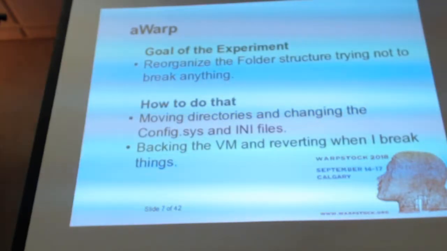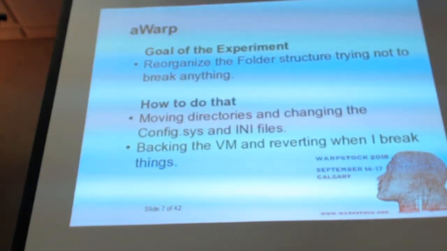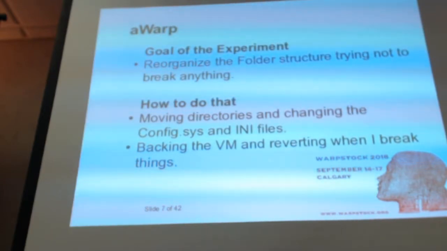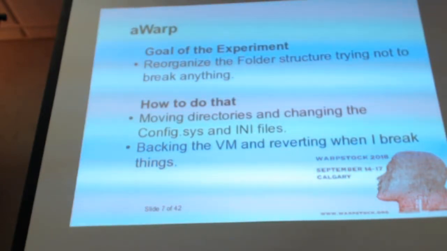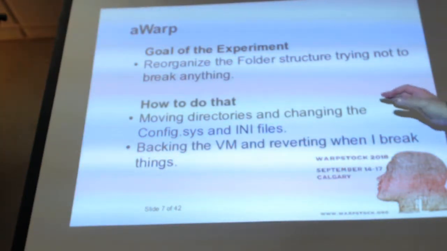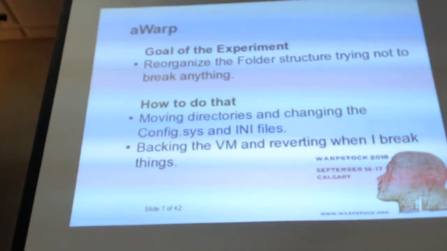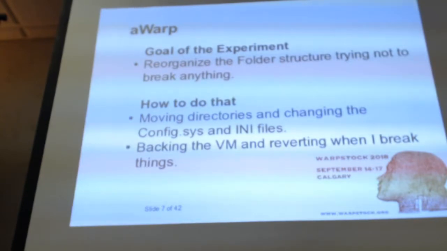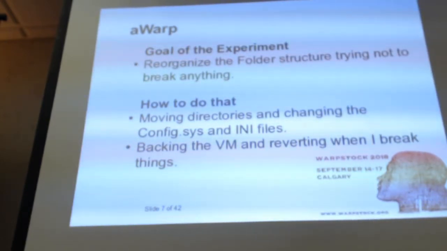Things got broken. And how do I do that? Just moving the directories. Okay, why is this on the root? I'm going to move it right there. Why is this right here? I'm going to move it just the way I like it. And I needed to change the config.sys file and make modifications on the ini files so they can point to the right location of the files.